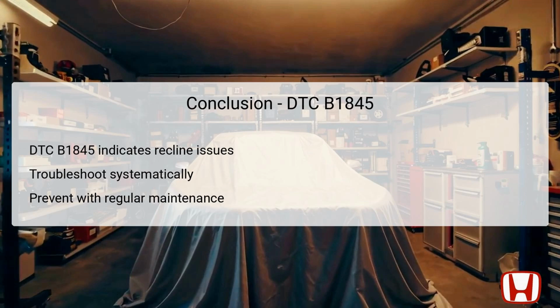Clear diagnostics, thorough inspections, and careful repairs lead to restoring the functionality of the power seat recline feature. Additionally, implementing preventive maintenance practices can aid in avoiding future issues. Regular checks on wiring, ensuring switch functionality, and routine scans for DTCs can increase reliability.